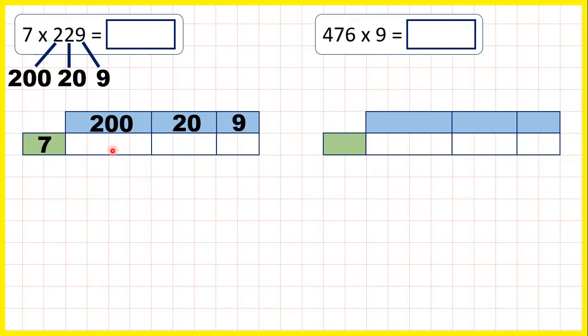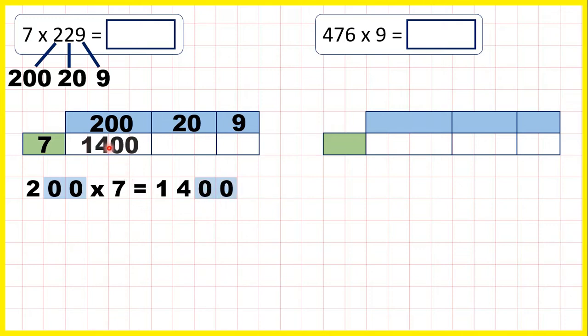Now for this first box, we have 200 times 7, which is 1,400, because 2 times 7 is 14, and then if we have 2 end zeros in the question, we need 2 end zeros in the answer. So that's 1,400.